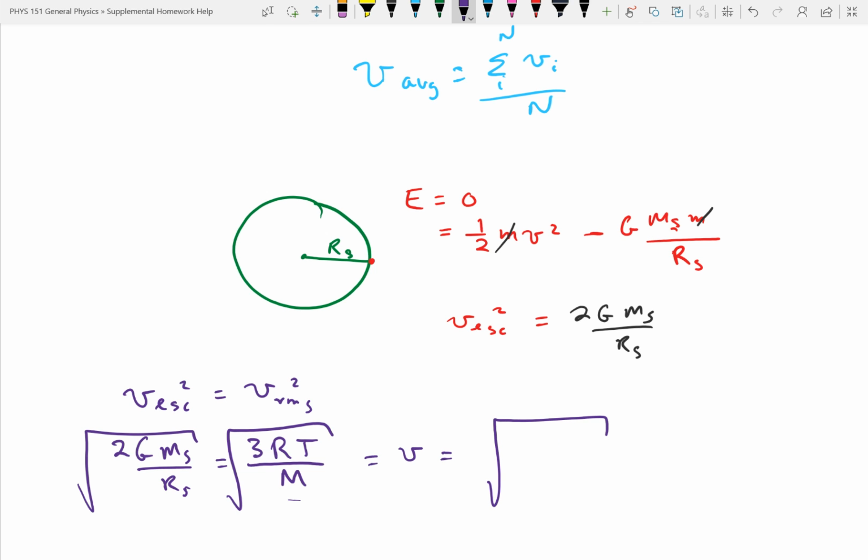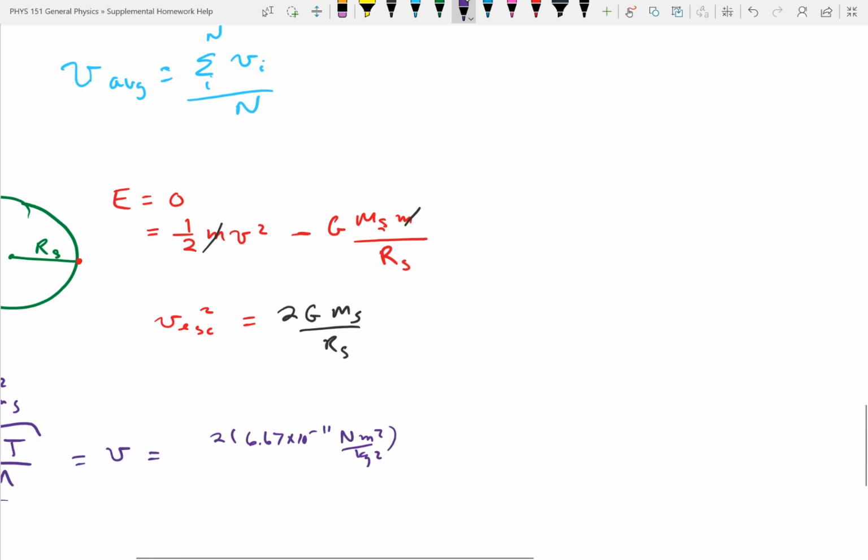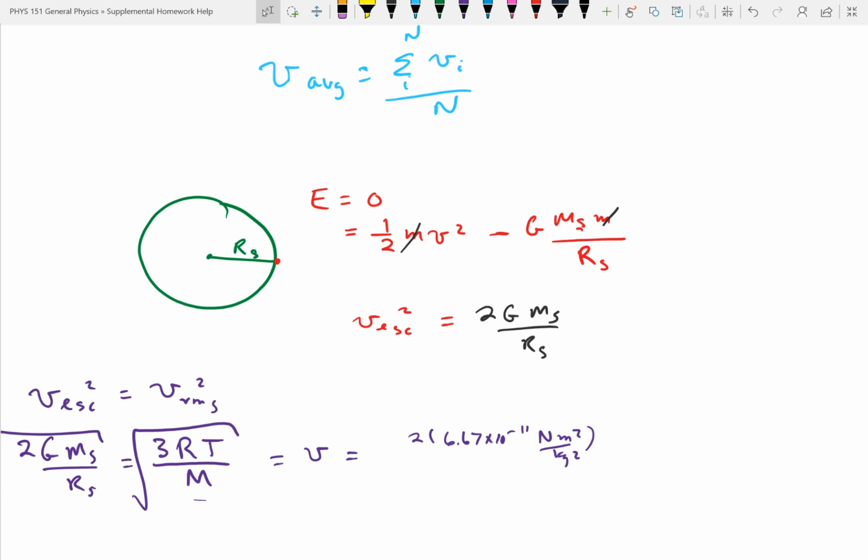And so doing it the old way, 2 times, what's G? 6.67 times 10 to the minus 11, I think, newton meters squared per kilogram squared, times the mass of the sun, which is what? To two significant digits, 2.0 times 10 to the 30 kilograms, I think.